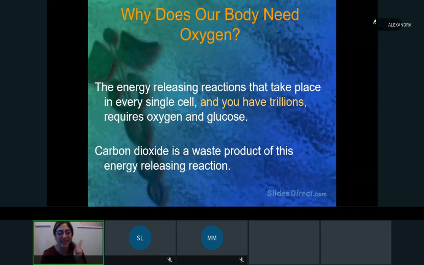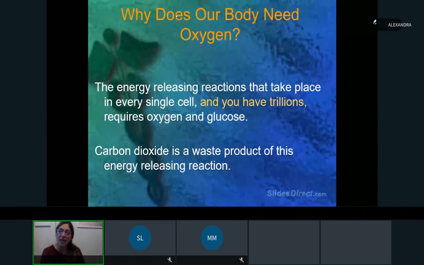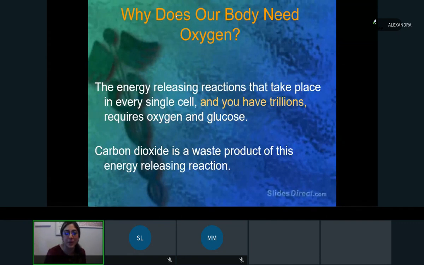The glycolysis, and then it goes into the Krebs cycle, right? That's the one where we need oxygen. So the whole entire reason that we breathe, 100% of the reason that we breathe, is for cellular respiration.